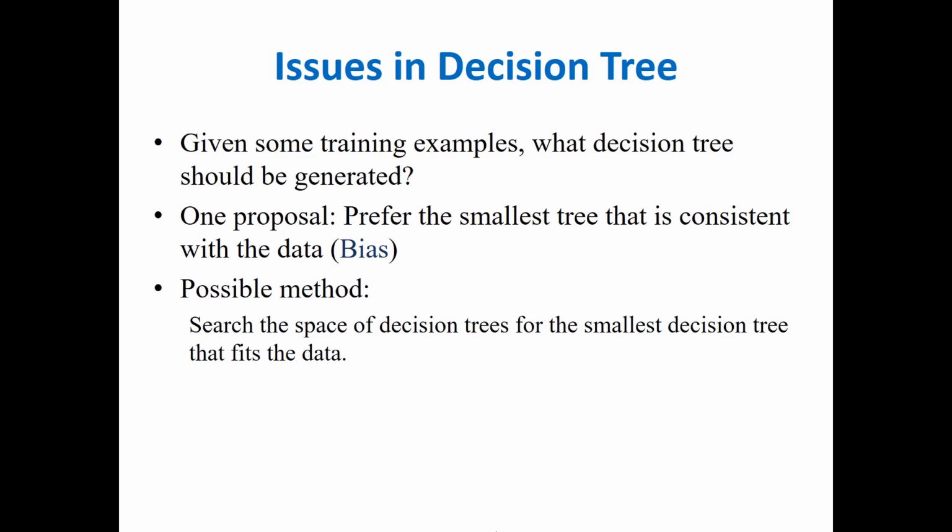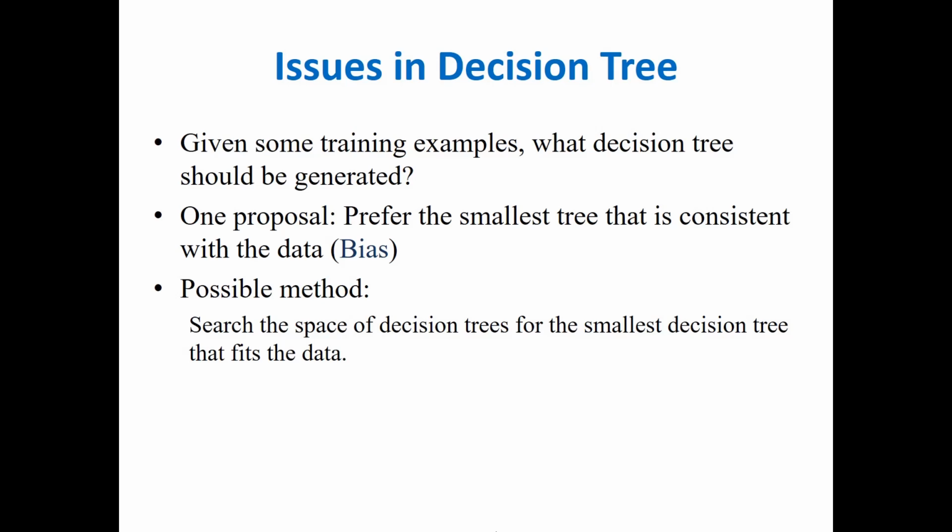There are various issues in decision trees. Given some training examples, what decision tree should be generated is the major task. One proposal is that we prefer the smallest tree. We have to remember that the tree having the minimum depth will be the best decision tree.